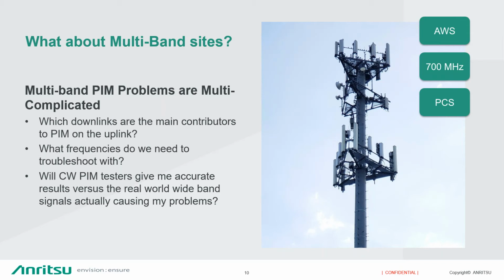But if the wideband interaction is giving you wideband IM products, then the analysis across the actual real wideband traffic is going to be more accurate. So there are a couple of different answers to this question based on the nature of PIM.